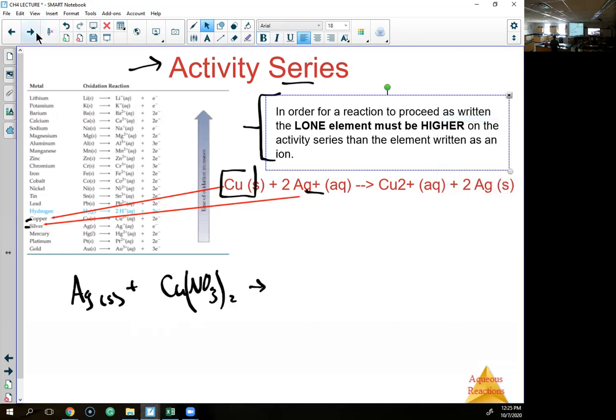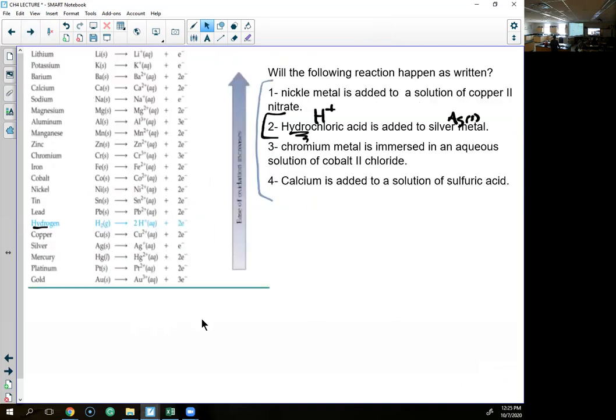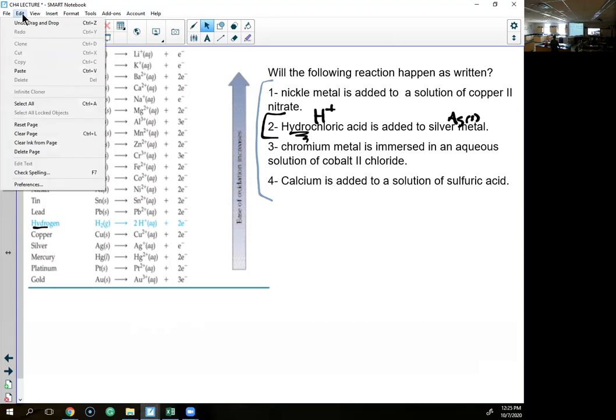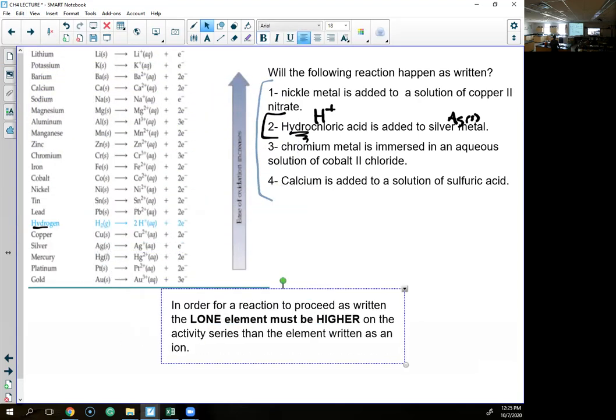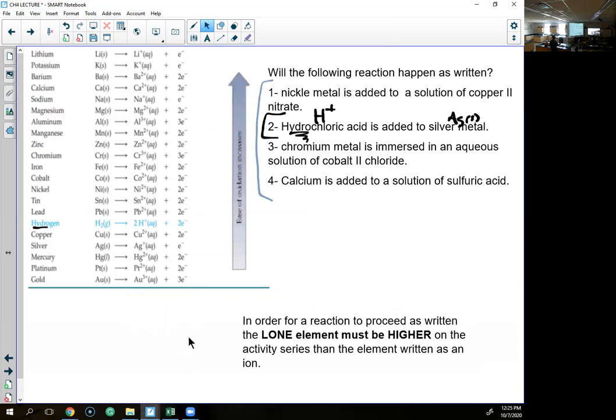That's the solid. Okay. We're comparing metals, so we're looking at, they're all pretty low. So yeah, they're related.